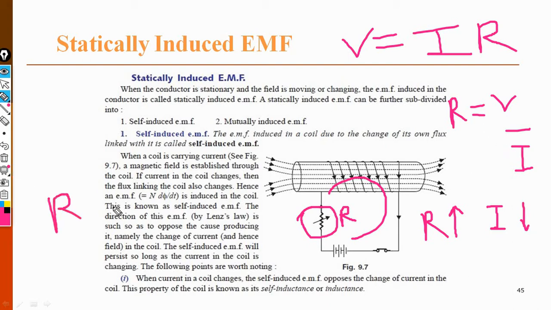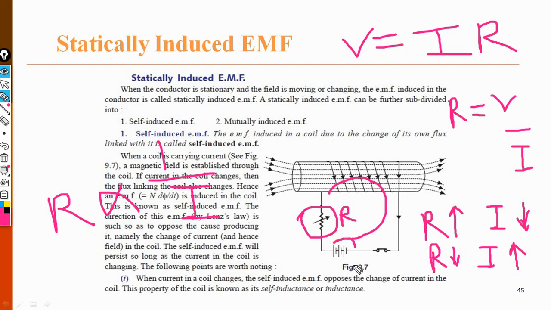That is, resistance is inversely proportional to current. That means when resistance increases, current decreases, and when resistance decreases, current increases. Now this is the exact function of variable resistance.